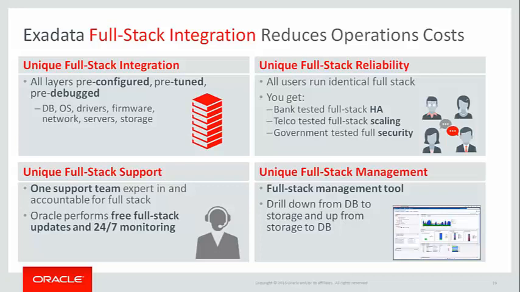So if a bank has an issue with HA, they report it to us. When we fix it, all the customers benefit from it. Similarly, the scaling issues or security-related improvements that government requests, all of the customers get the benefit of those improvements.